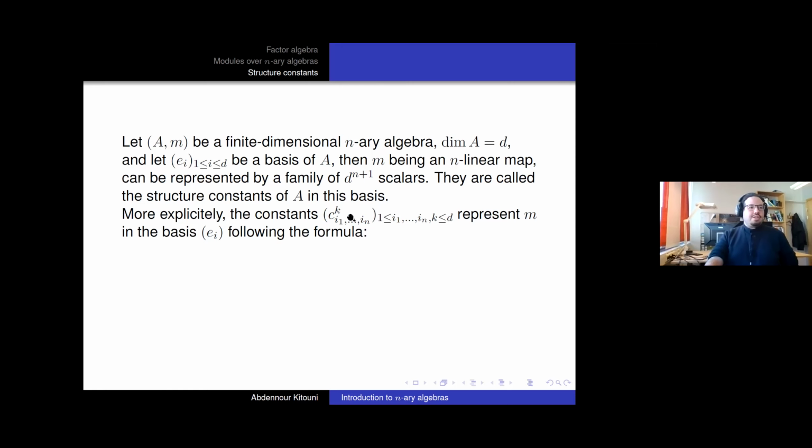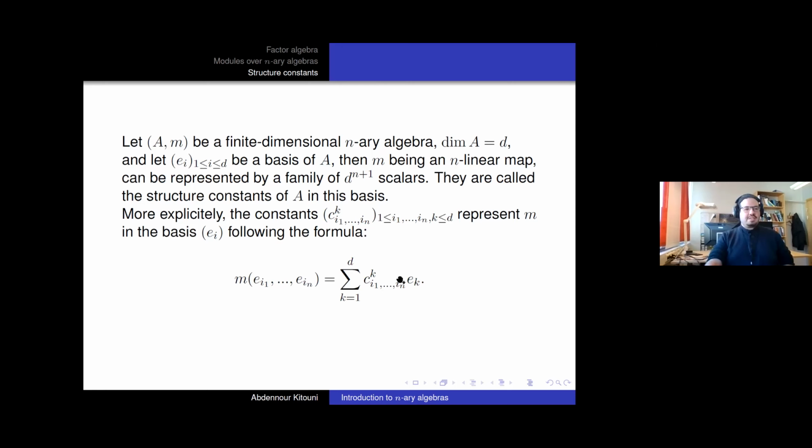Usually the notation is this: we have n indices below and 1 index above, so this is not a power. This family of structure constants represents m in the basis e_i following this formula. So m of n different basis elements, e_i1 to e_in, is the linear combination of e_k with these structure constants.